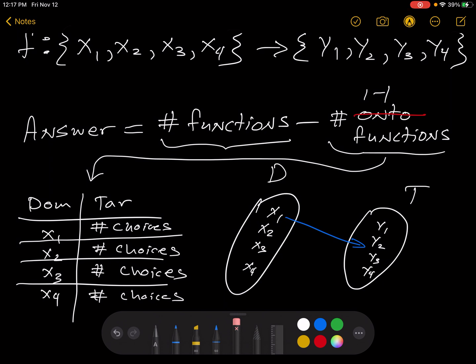Now, how many choices do you have for x2, once you've chosen x1 going somewhere? Let's say you choose x2 to go over here. Now you've chosen where x1 has to go and where x2 has to go. How many choices do you have for x3? And so on. That'll allow you to count the number of one-to-one functions.